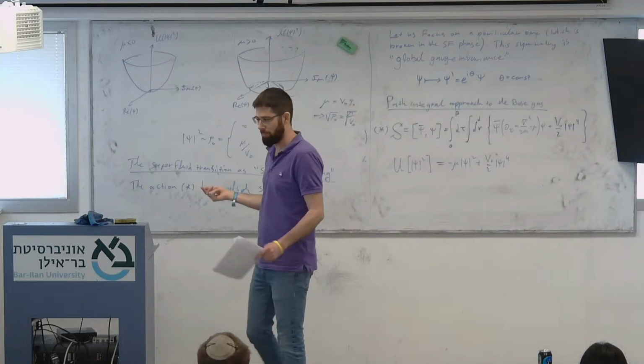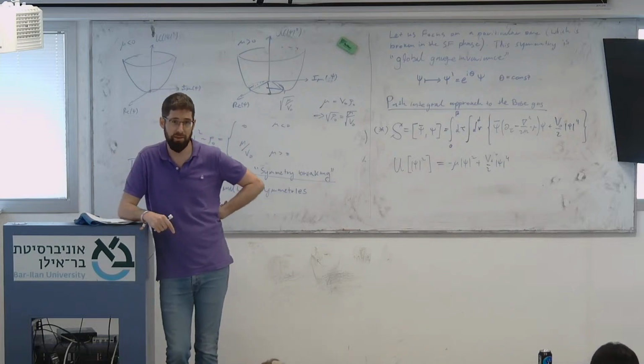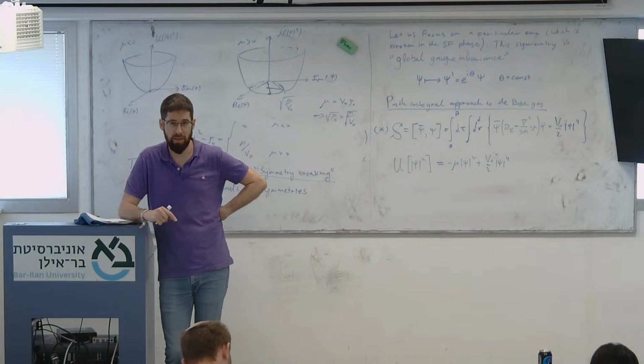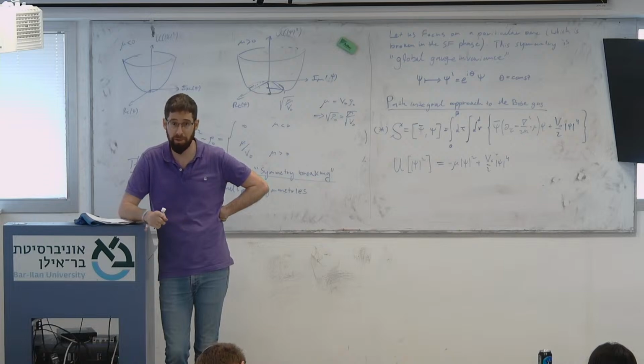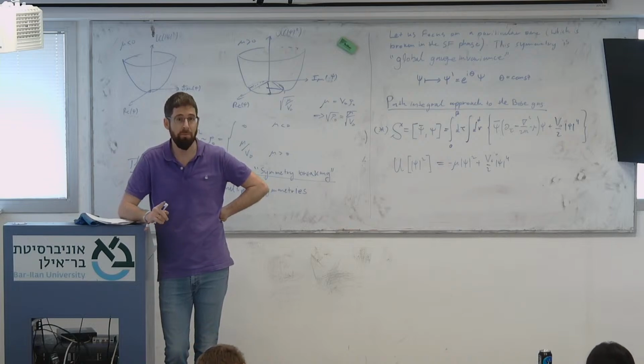Where did that come from? From the conservation of particles. Yes, exactly. As long as we have the same number of psis and psi bars in each term in the Hamiltonian, each term destroys and creates the same number of particles, meaning that the total number of particles is not changed by the action of the Hamiltonian.